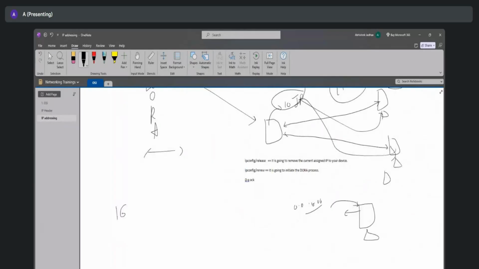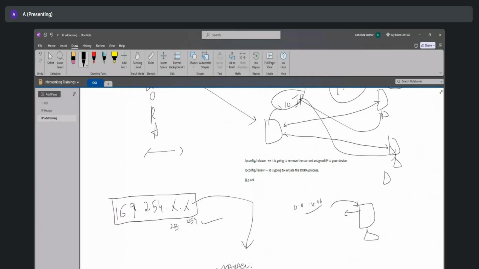So it will be assigned this particular IP address, 169.254.x.x. That means any number can come here until 255. So the maximum number that can come here is not 255, it is 254, right? So the maximum it can go is 255 or 254, right? Now this 169.254.x.x value is called APIPA.